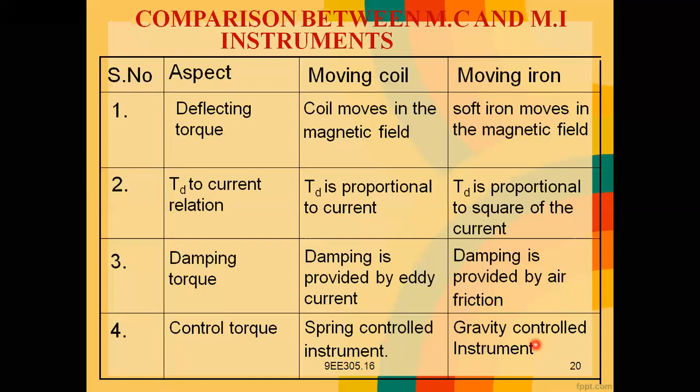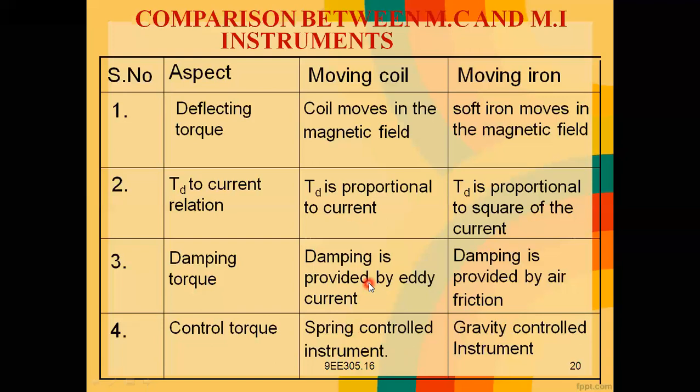Why? Because anyways, our scale is not uniform in MI instruments. But for MC instruments, we had TD proportional to I. There is every possibility of having a uniform scale, and hence we go for spring control because controlling torque is directly proportional to theta, and it does two jobs, including conduction of current. So we can go for spring control in MC.